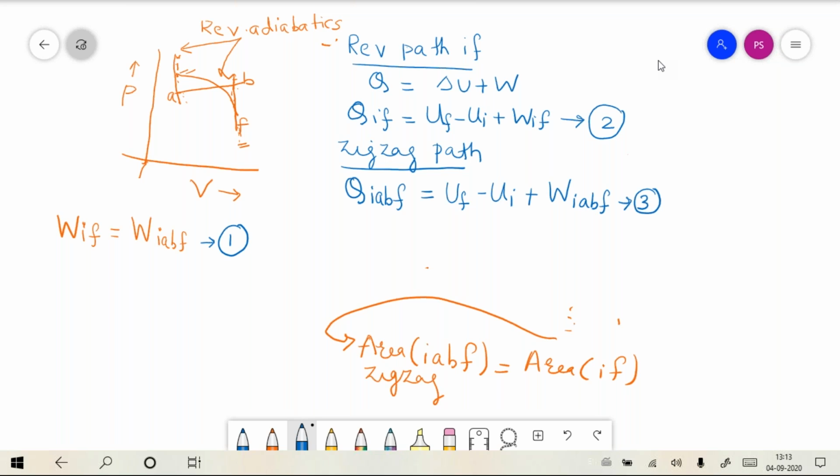Now what does it mean? Look at equations 1, 2, and 3. What do you get from these equations? It is simple logic now.